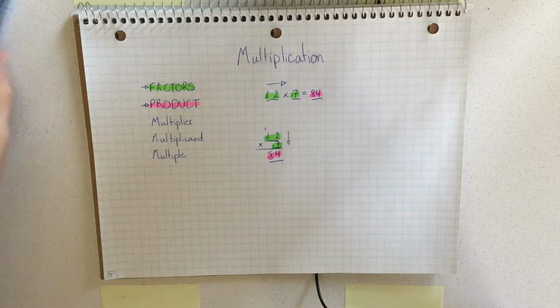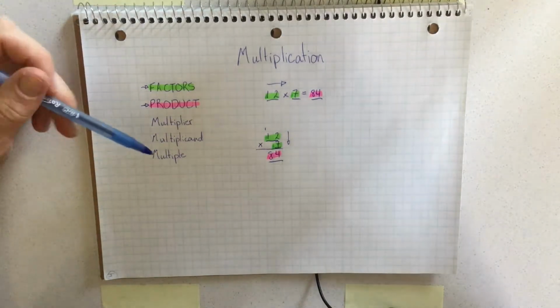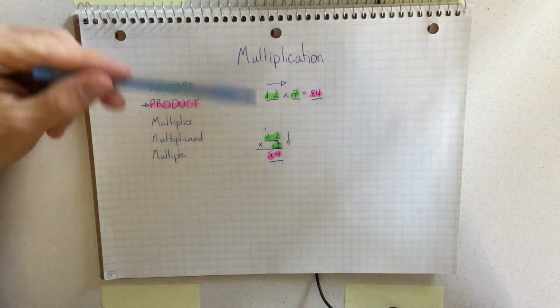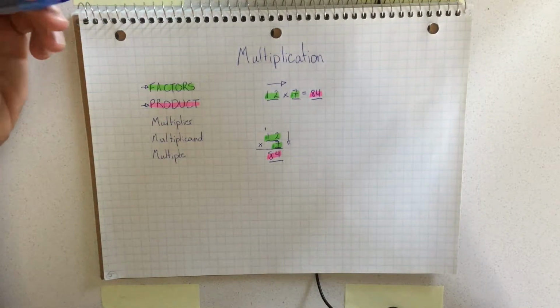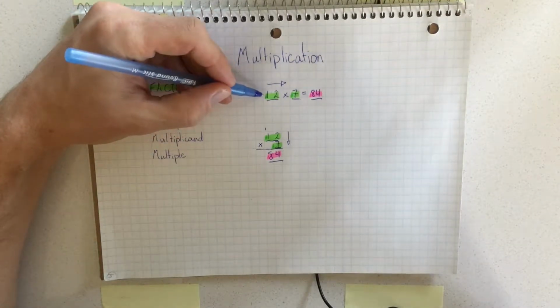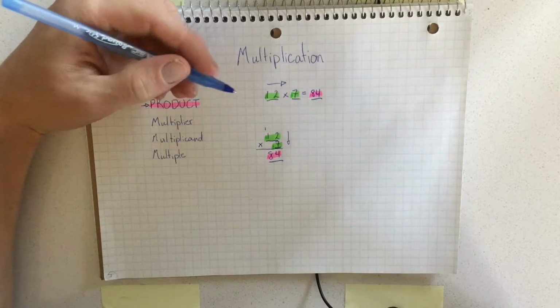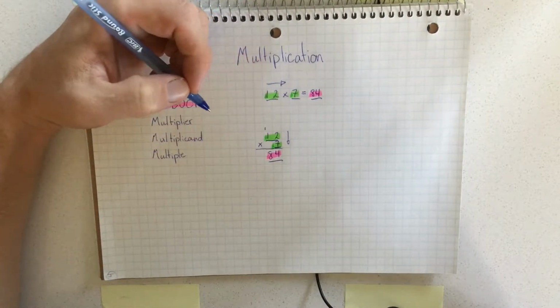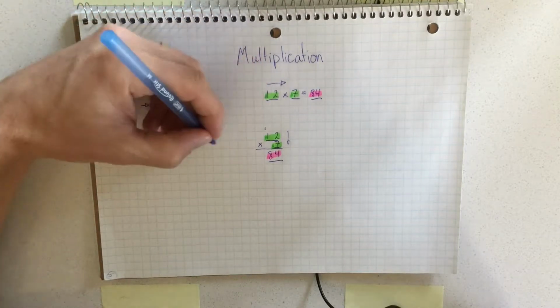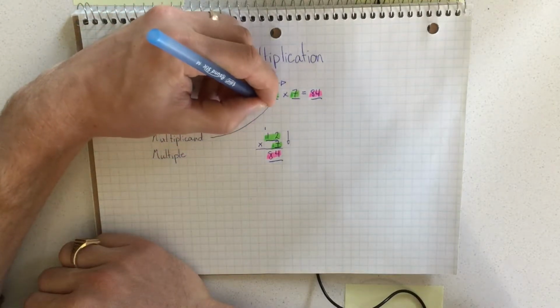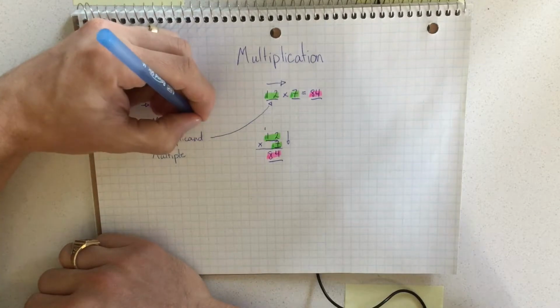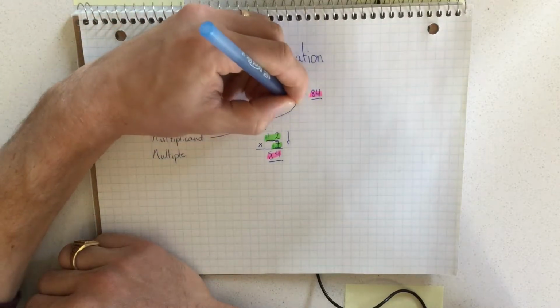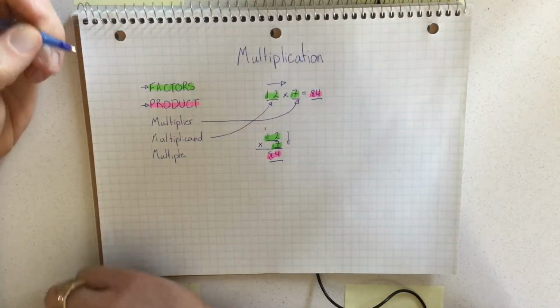The next two words, multiplier and multiplicand, have to do with the factors of your problem. In the case of a horizontal multiplication problem, the multiplicand is the first number, and the multiplier is the second number. It's the second factor.